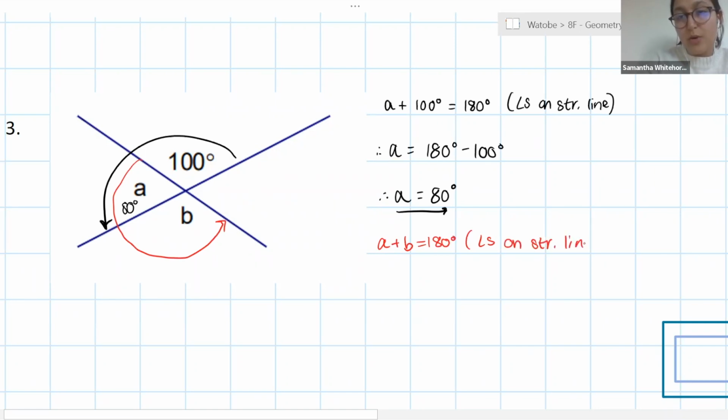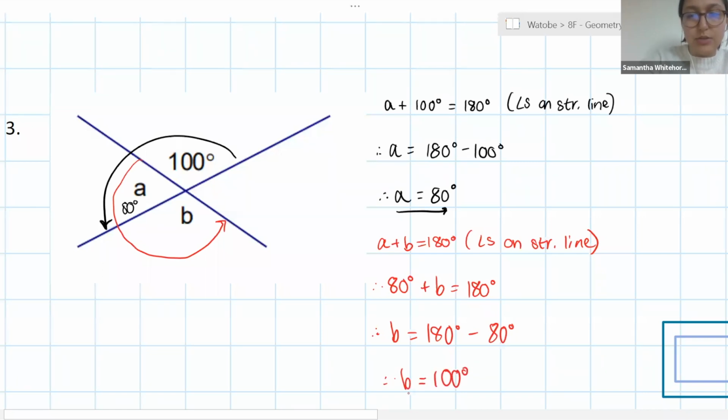And I've now worked out what A is, so I can actually substitute that in. I know that A is 80, plus whatever B is, should give me 180. Now we want to solve for B. So I would have to subtract 80 on both sides. And so I get that B is equal to 100 degrees. Okay, so hopefully that's a bit clearer.